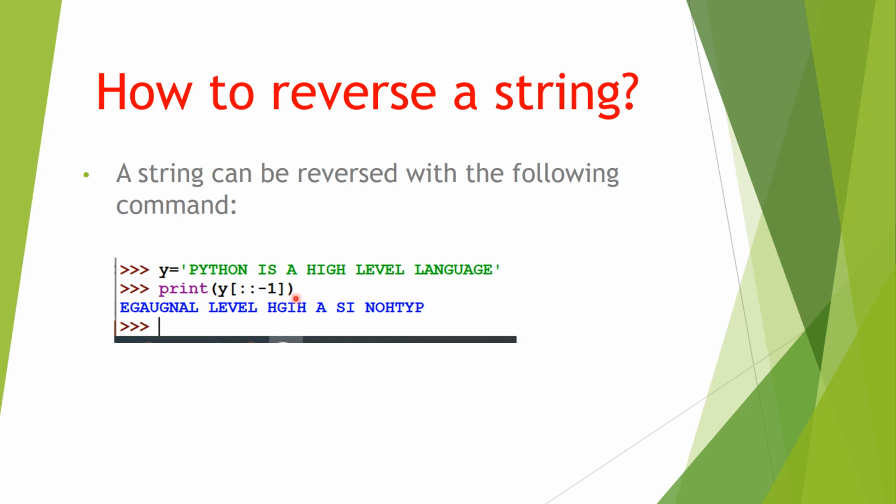This is the syntax. And you have already seen that backward indexing starts with -1. So this E will be at -1, -2, -3 and so on. So this will print the string in reverse order.